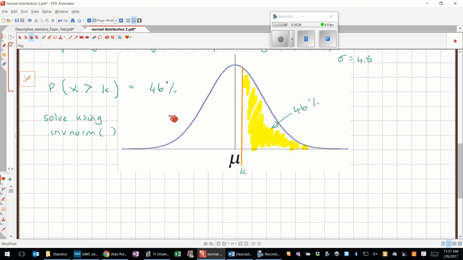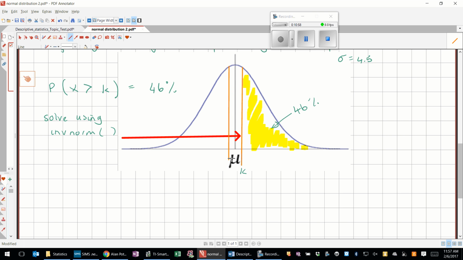They start from 0 and go up. Yeah. So inverse norm starts at this end and goes that way. If I do 46% but start it on here, it's actually going to stop here instead and give me a k value that's below the mean. So I don't want that.